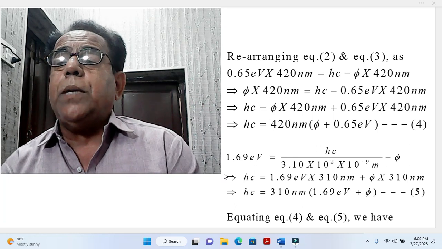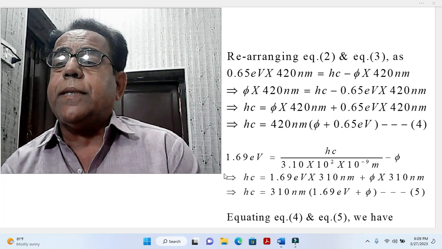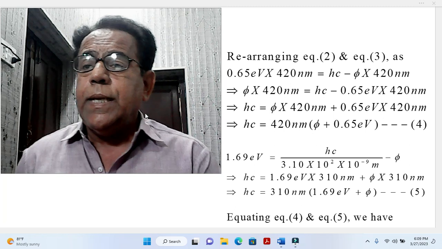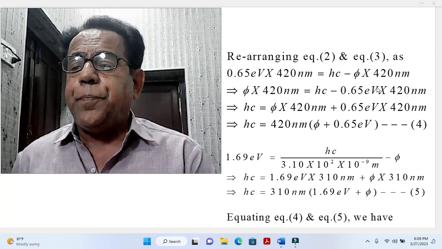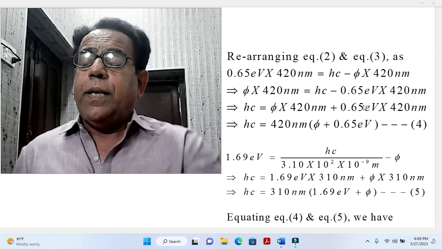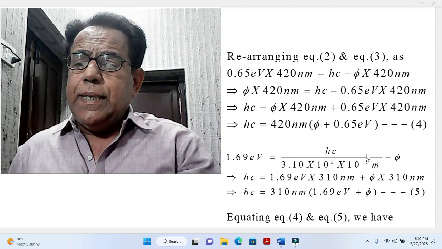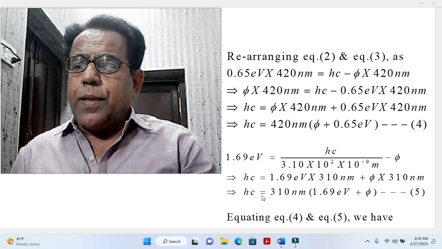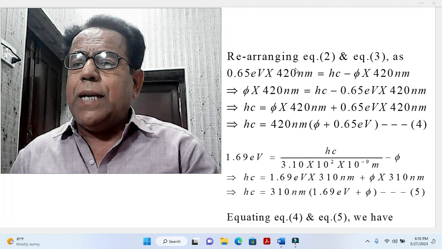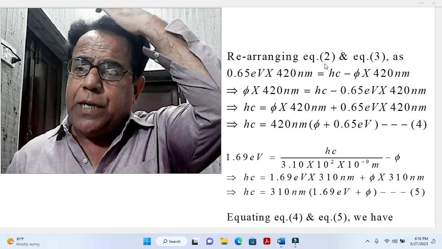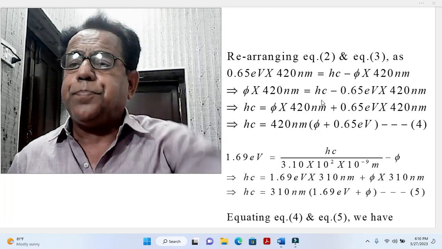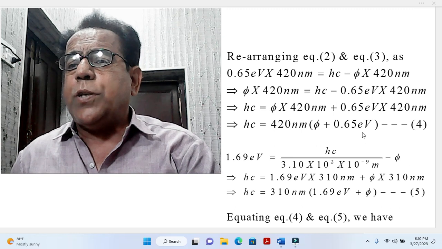Rearranging equation number 2 and equation number 3 as this equal to this. Similarly, this arrangement will also be made for equation number 3. First we come towards equation number 2.